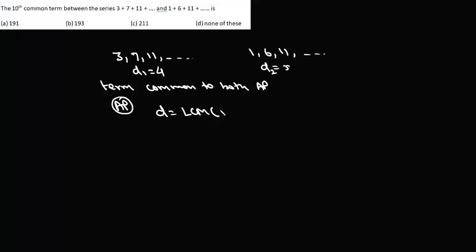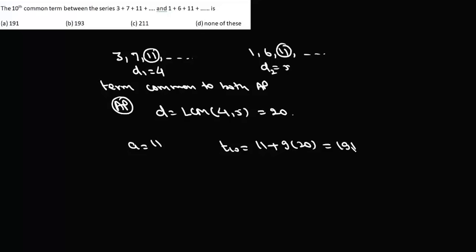So the common difference of this resulting AP will be the LCM of 4 and 5, and that will be simply 20. Now the first term which is common to both the series is 11. We need to find the 10th term of the series. So the 10th common term of this series will be a plus 9 into 20, 180 plus 11, and that will be 191, and that's your option A.